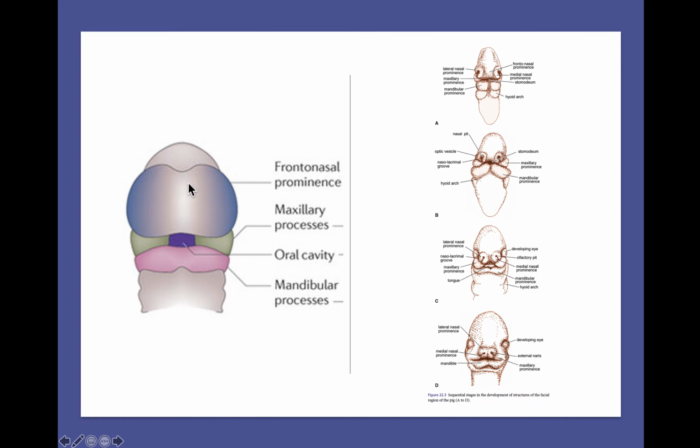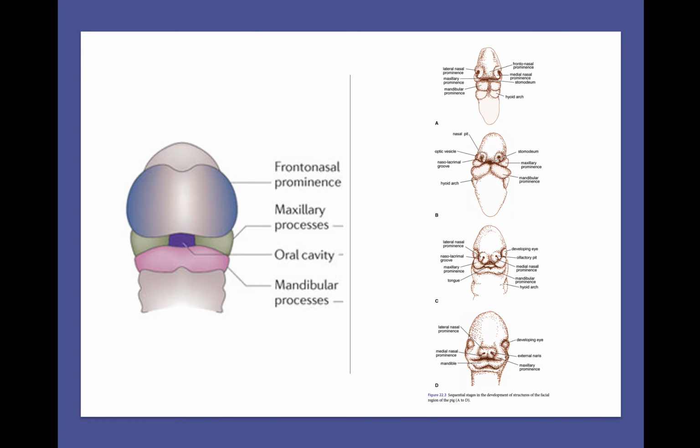So here, this is the area of the frontonasal prominence, this is the maxillary, this is the mandibular. In the frontonasal prominence, this is the area of the nasal placode. As I said, it's an ectodermal thickening. At this area here, there will be proliferation of the underlying mesenchymal cells.